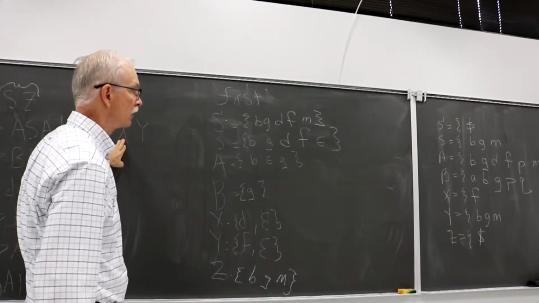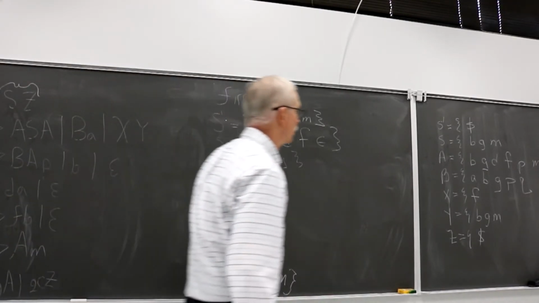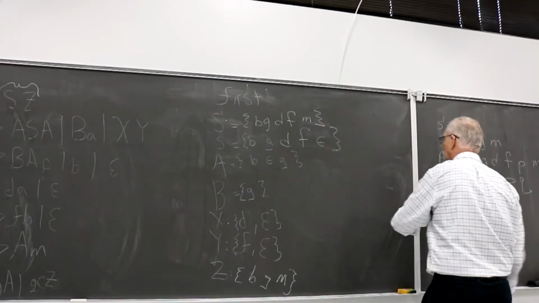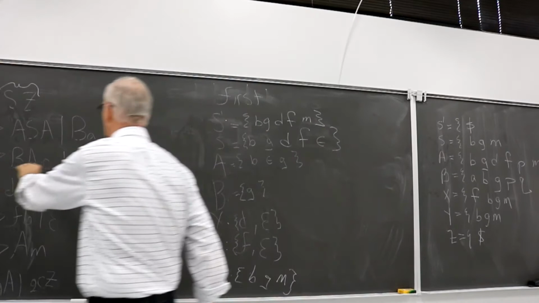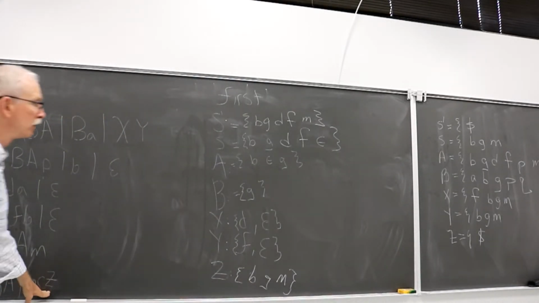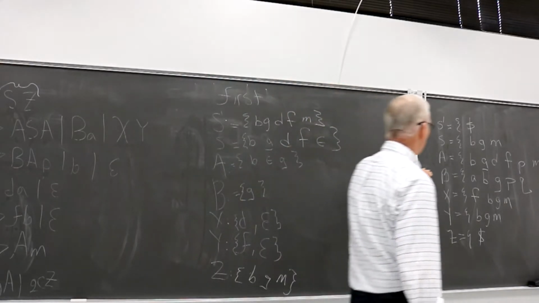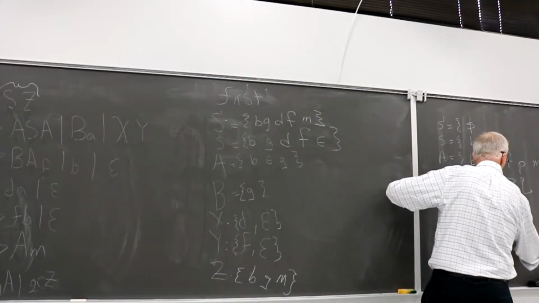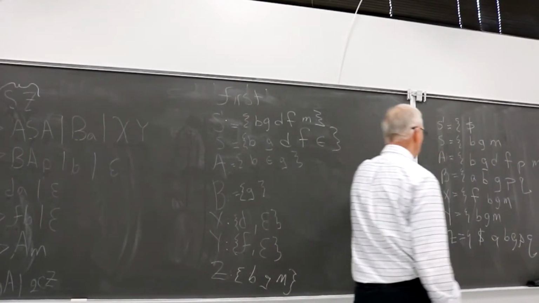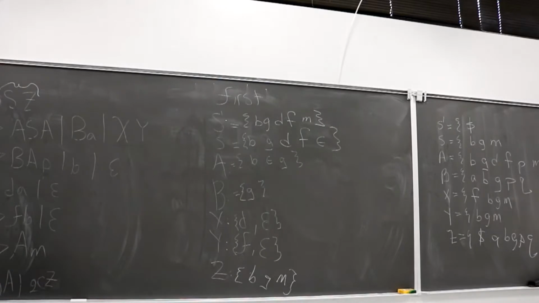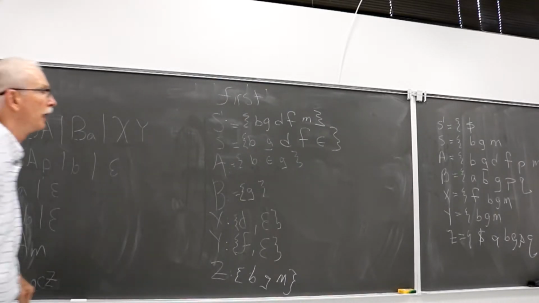So the follow of S is in the follow of X. The follow of B is in the follow of Z. The follow of B is in the follow of A.